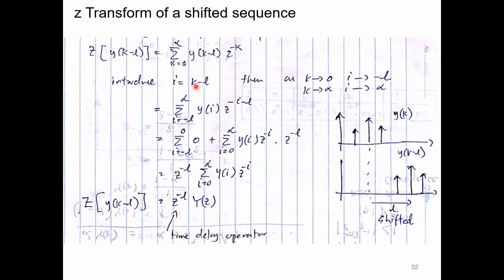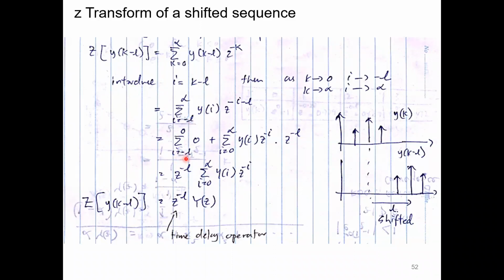Now there's no k anymore. I have to replace k with i plus L. So it is minus k. If you want to write minus k straight away, take k to the left-hand side and i to the right-hand side, so it is minus i minus L. Now we know that we deal with only causal sequences, which means we don't consider negative time indices.